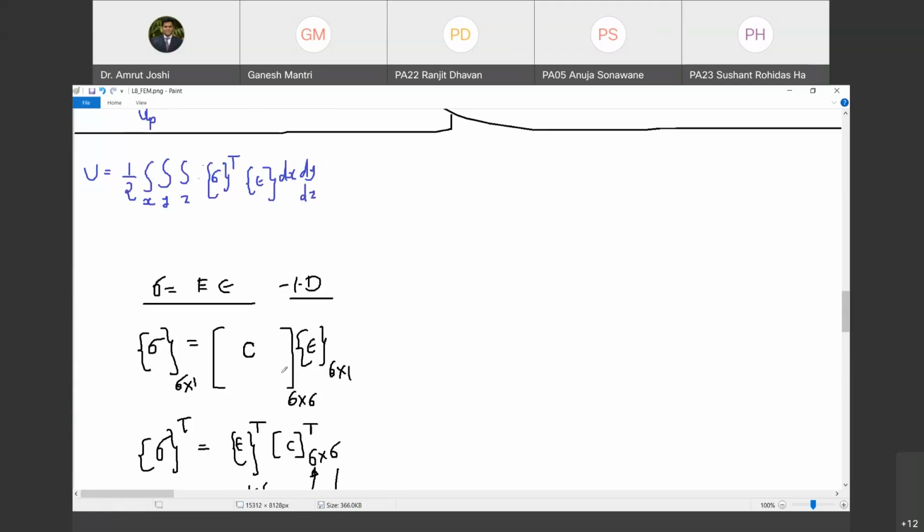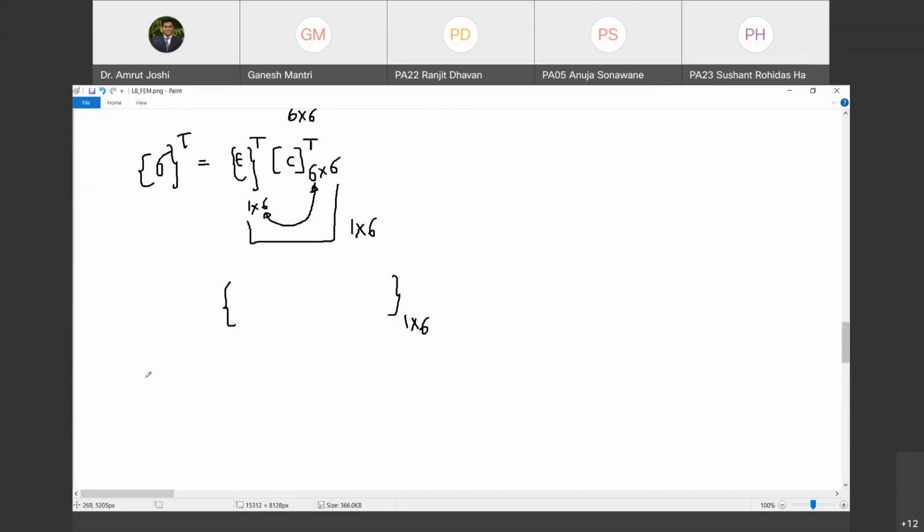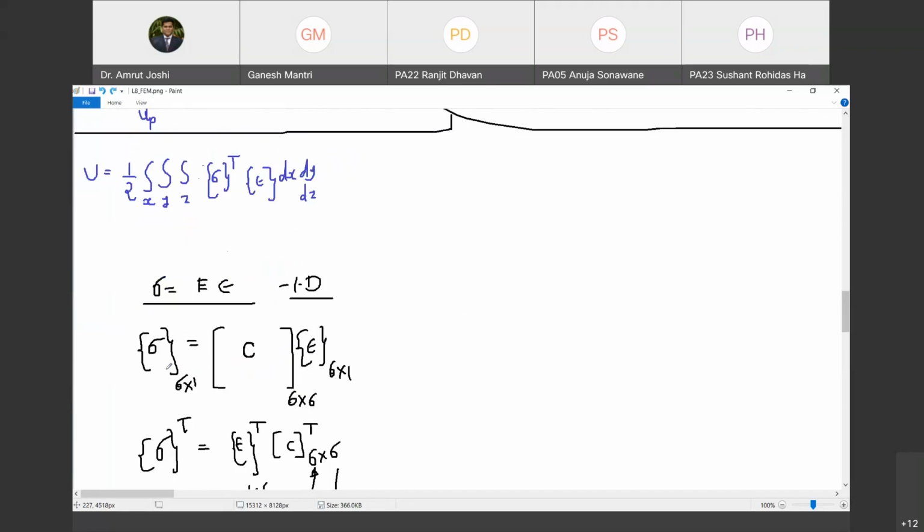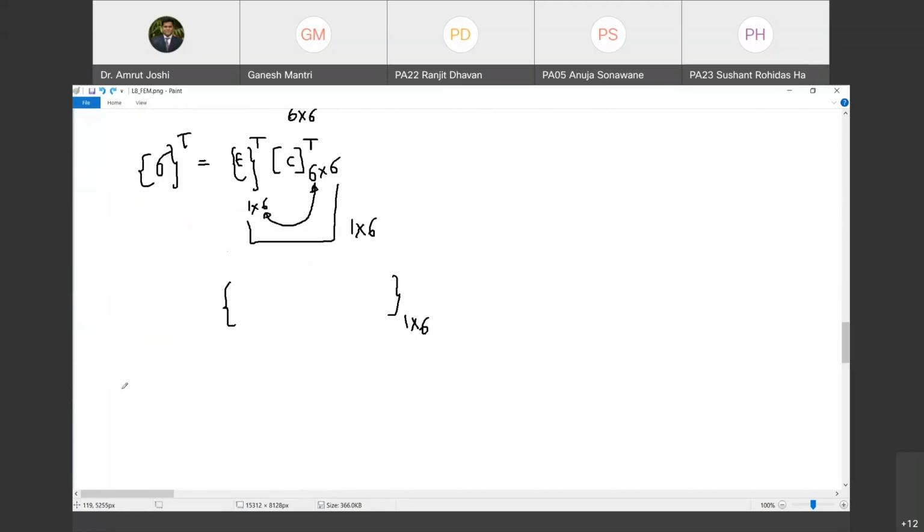Let us back substitute this in the expression above. So how do I write this strain energy stored? U is equal to half, integration over the volume.